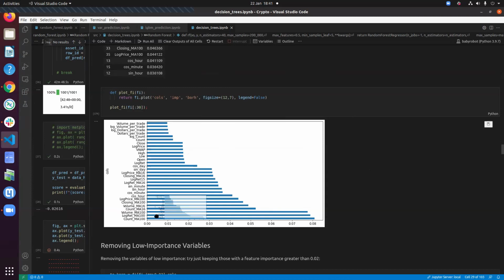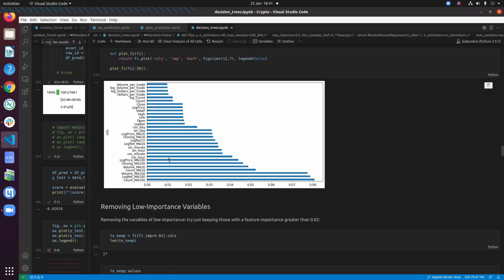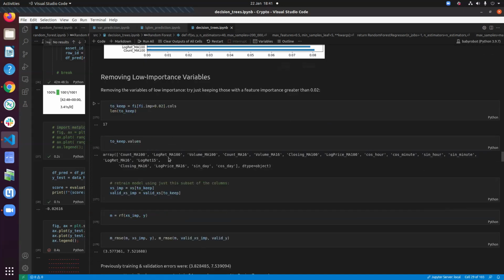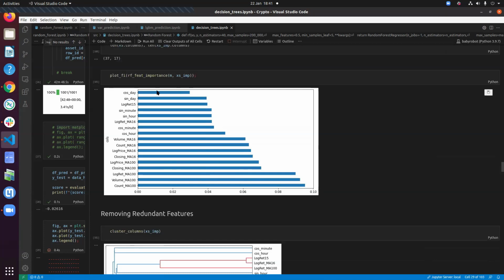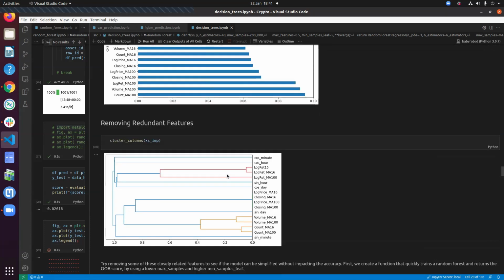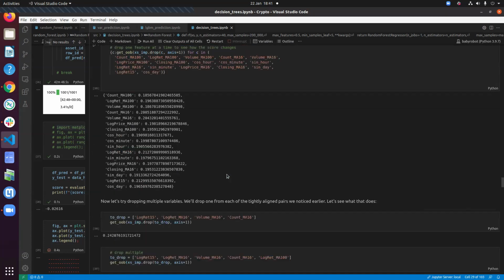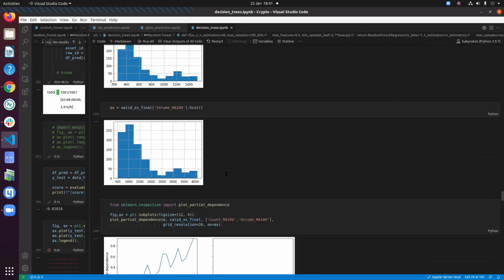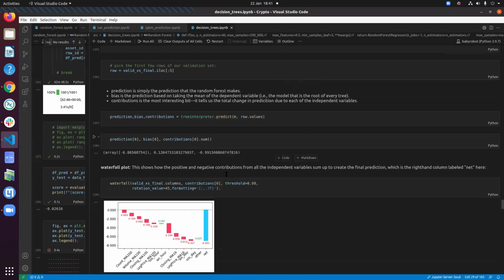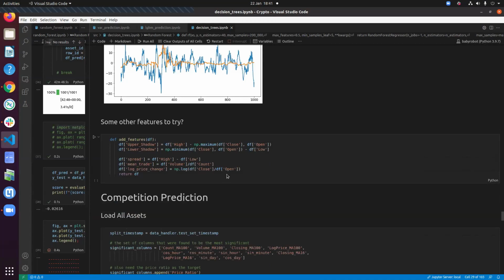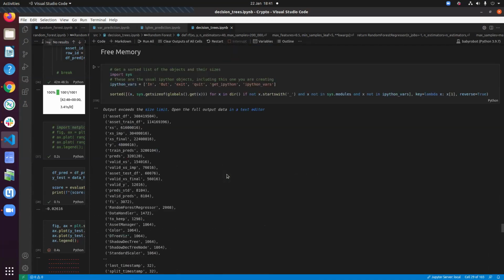It's saying that these bottom ones here, these moving averages, contribute a lot more than the dollar ones that he'd worked out in some of the normal predictions. So I just took those and dropped the insignificant ones, and you can draw graphs to show which are significant. That's pretty much where I'm up to.